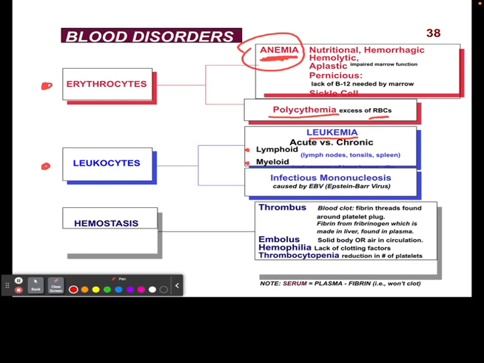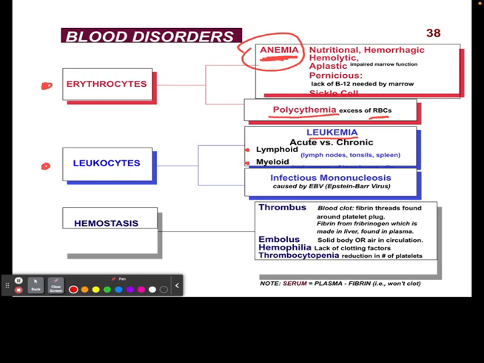The major difference here, lymphoid, as the name suggests, occurs in the lymph tissue. So in the lymph cells and in the lymph fluid, in the lymph nodes, all throughout that part of the body. Whereas the myeloid cells are going to be those in the bloodstream. So a little bit different, and can have major differences in how they're treated and how they spread.